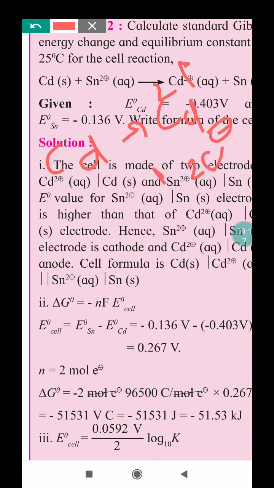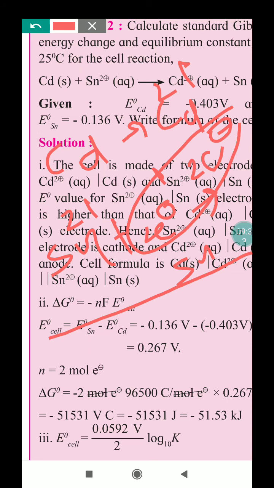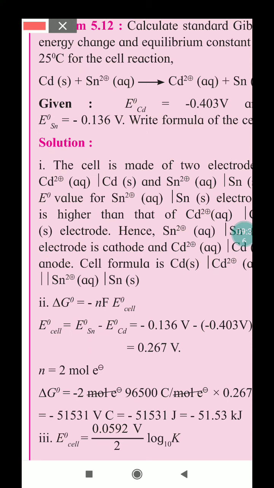This is the reaction at the anode, and at the cathode, Sn dipositive plus 2 electrons gives Sn. So in the complete cell reaction, 2 electrons are involved. So the number of electrons n is equal to 2 moles of electrons.